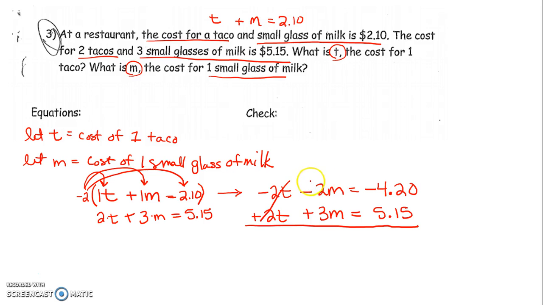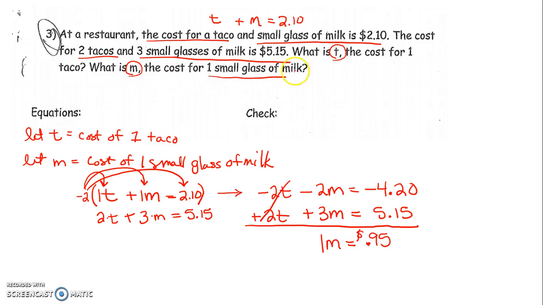That's the whole point. Negative 2m plus 3m, different signs, I find the difference. It will be a positive 1m equals, then if you have your calculator, you need to do negative $4.20 plus $5.15. It appears as though one small glass of milk cost 95 cents.